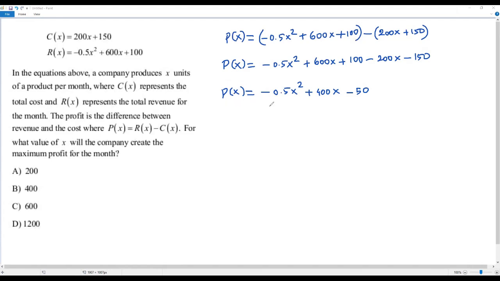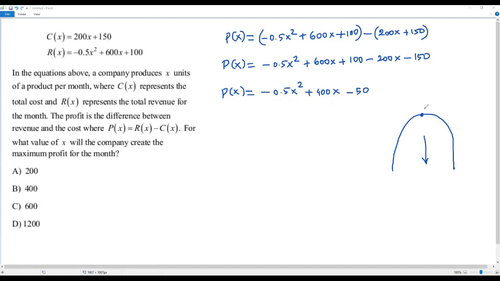Here, P of x is a quadratic function, and when I sketch the graph for this quadratic function, I'll be getting a vertical parabola. Since the leading coefficient is negative, that is -0.5, we'll be getting a parabola which opens down. So this will be the graph for this quadratic function. And since the parabola opens down, we have a maximum point over here at the vertex of the parabola.